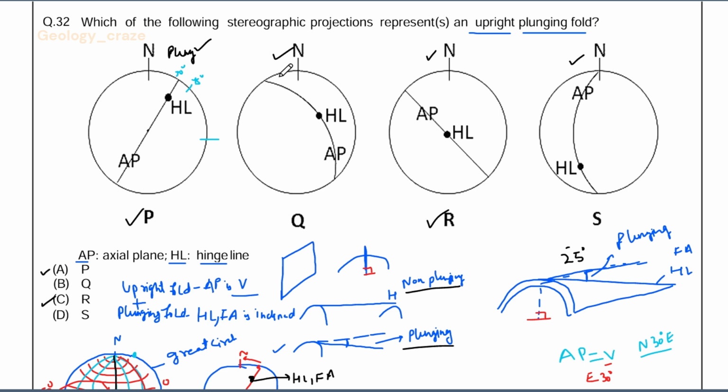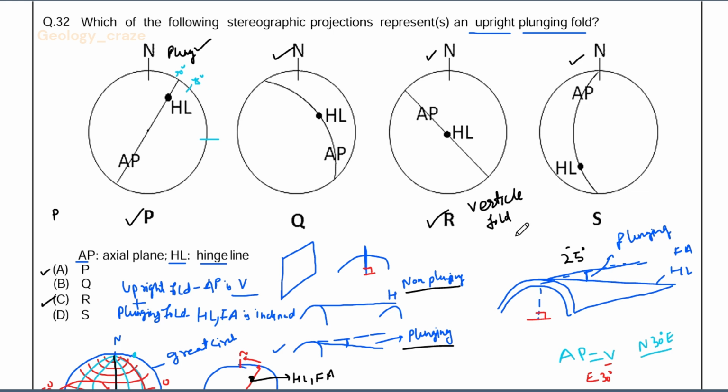What does this represent now? These two are upright plunging folds. This is an inclined fold. This is what? Oh, sorry, plunging fold. Upright plunging fold. But this is actually a vertical fold.